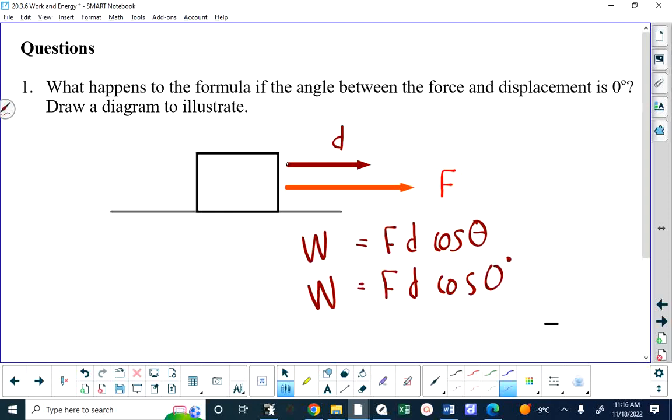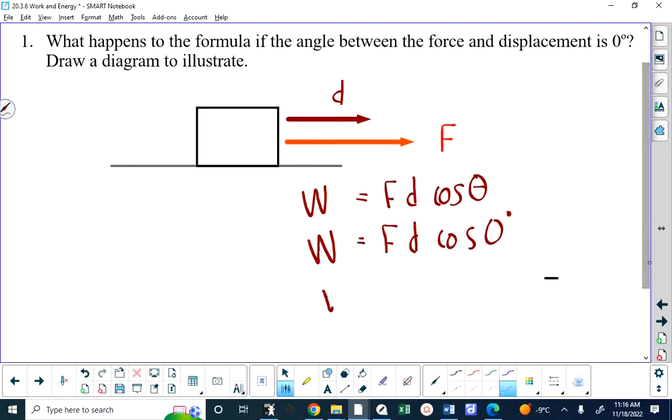What is the cosine of 0 degrees? Check it out. It's 1, which means that work equals force times displacement. And 9 times out of 10, this is the formula we'll use to calculate work in terms of force and displacement, because a lot of the time, they're just in the same direction to begin with.